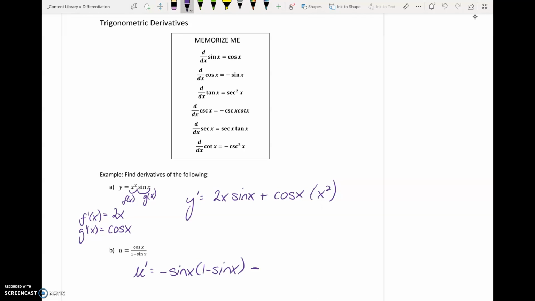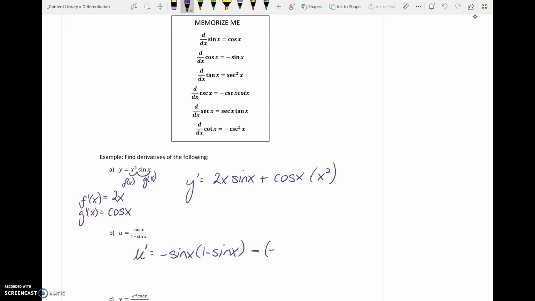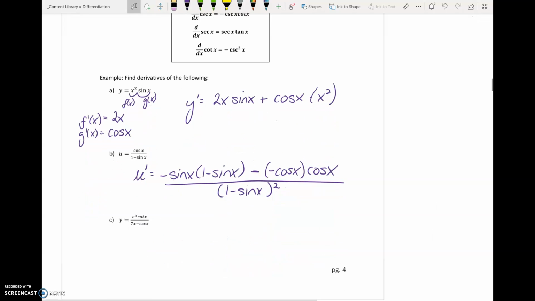The derivative of sine x is cos x, but we do have that negative in the front. And then we're going to leave our numerator alone. All of this is going to be divided by our denominator squared. And you can just leave it like that. If you want, you can simplify, but again, you're more likely to make errors if you do that. So you can just leave it as is.